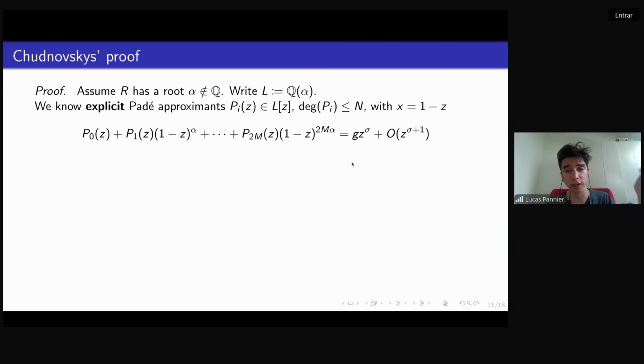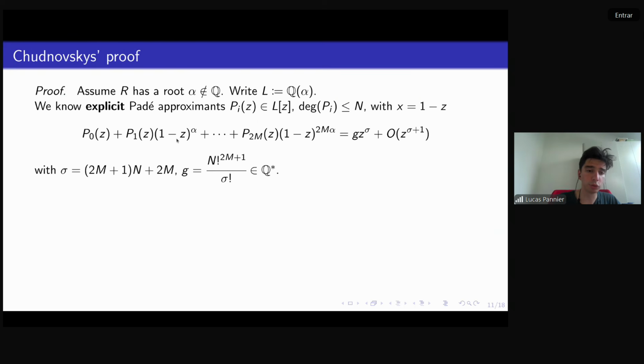And in fact, we know here not only explicit expressions of the P_i, but we also know that sigma is this value from the linear system that I explained earlier, and we have an explicit expression of G, which is this rational coefficient, which is in particular non-zero. What the Chudnovskys used then is a classical inequality, which is quite trivial.